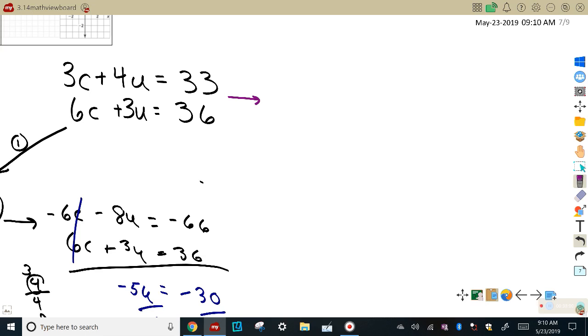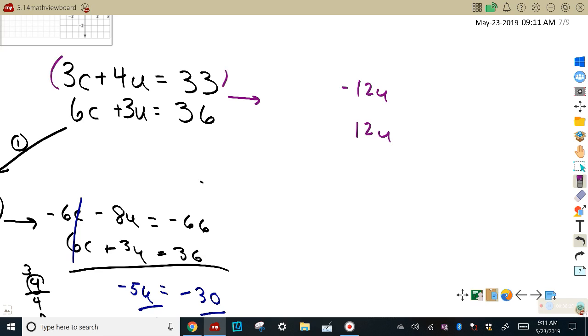Remember when we added, we went 4, 8, 12, and then we also had 3, 6, 9, and 12. Their opposites would be 12. So I do want a 12u and a 12u, but I need one of them to be negative. So we can pick. Would you guys rather the top be negative or the bottom? Top? Okay.